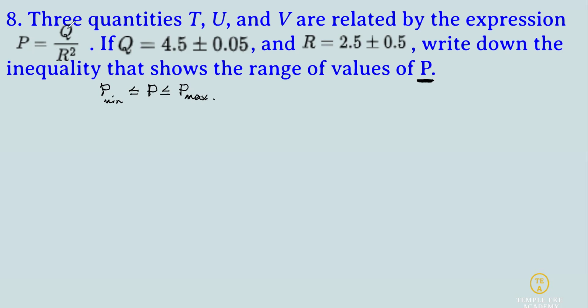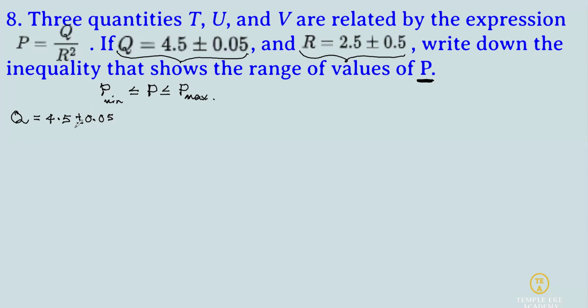First, P depends on the values of Q and R given to us from the beginning. So let us establish the lower bounds and upper bounds of Q and R. Q is given as 4.5 plus or minus 0.05. In this writing, 4.5 is the rounded value or the estimated value, while 0.05 is the possible error.